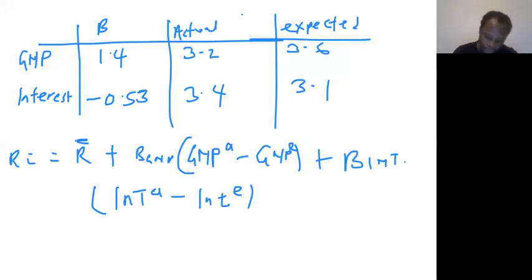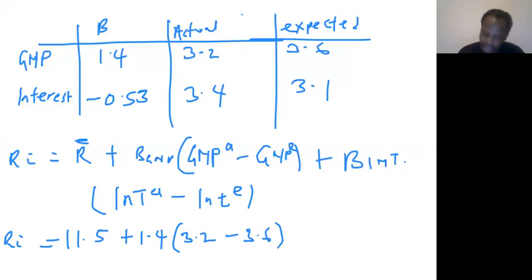So that means you are going to have RI is equal to, in the question, the return on the stock was given as 11.5, plus the beta of GNP, which is 1.4, and the actual was 3.2 minus expected, which is 3.6, plus the beta on interest rate, which is negative 0.53, multiplied by the actual, which is 3.4, minus the expected, which was 3.1.